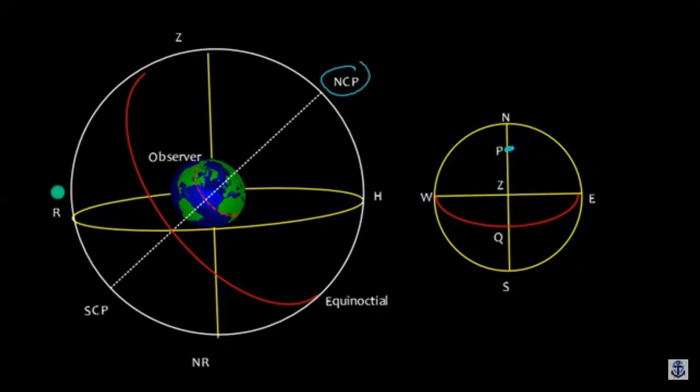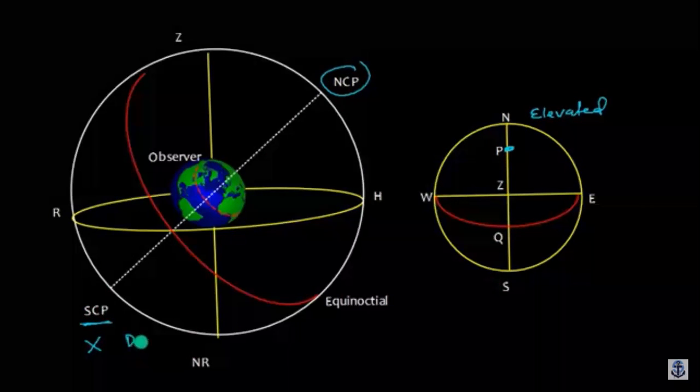Since the north pole is visible here, this is called the elevated pole, and the south celestial pole is not visible, so the south celestial pole is called the depressed pole.